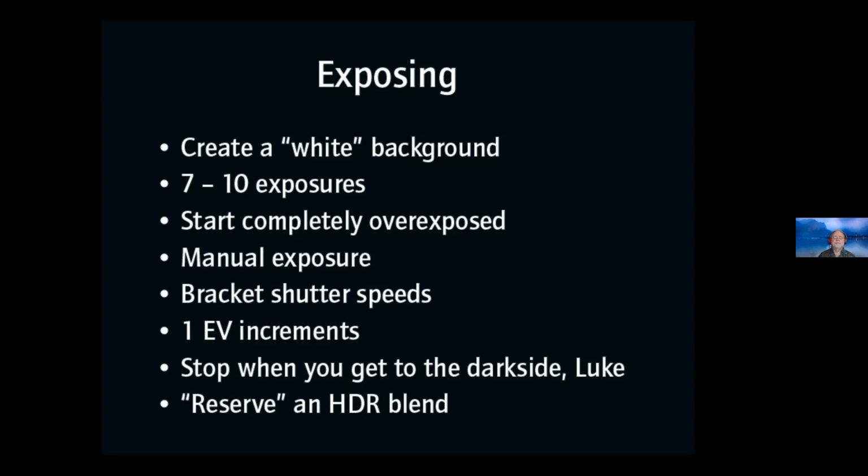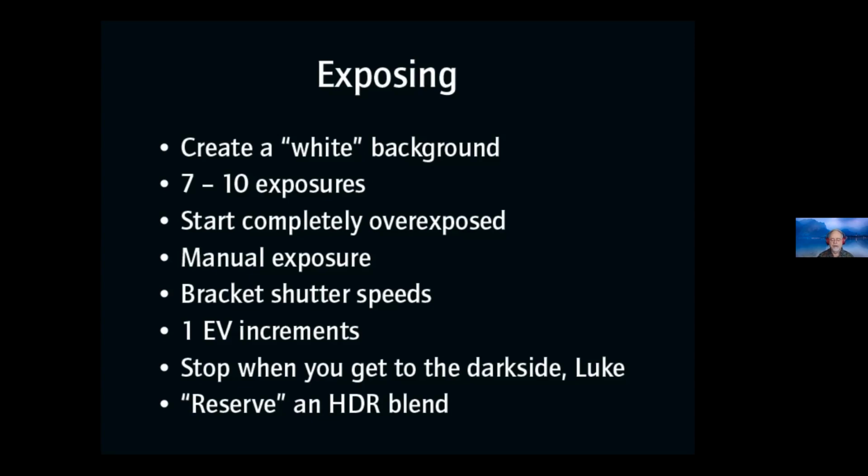So here's the 5-cent version of exposing. Create a white background, set 7 to 10 exposures, start completely overexposed, manual exposure, bracket shutter speeds, 1 EV increments, and stop when you get to the dark side. A couple of slides further on will show you what I mean by that a little more.